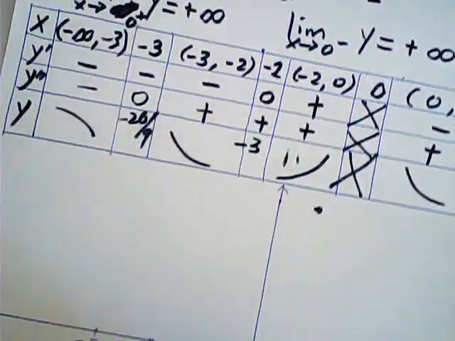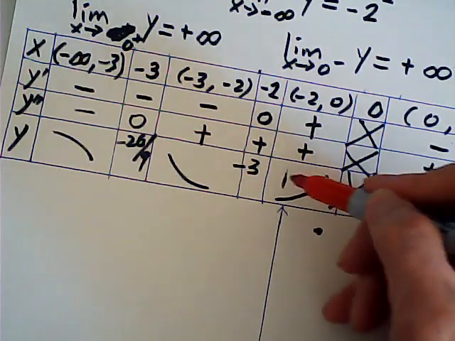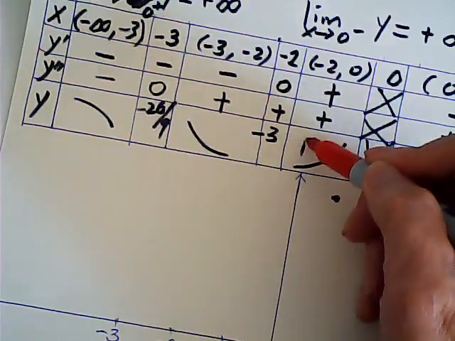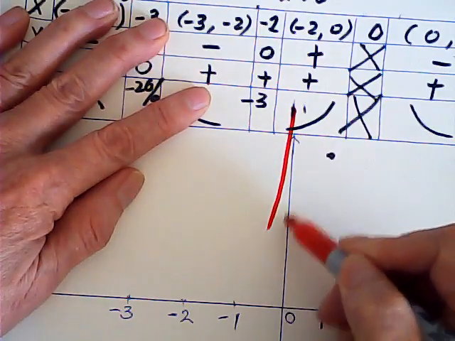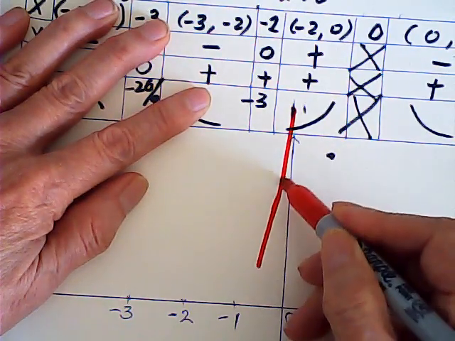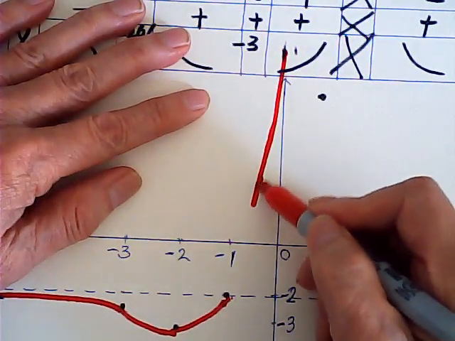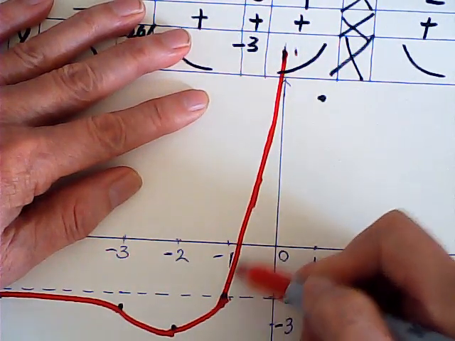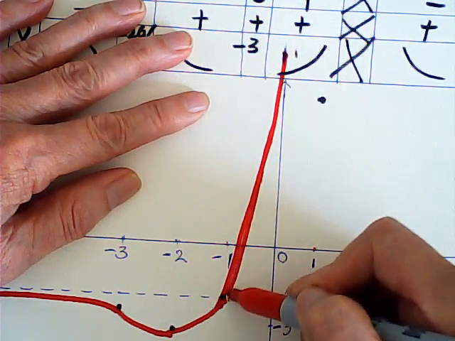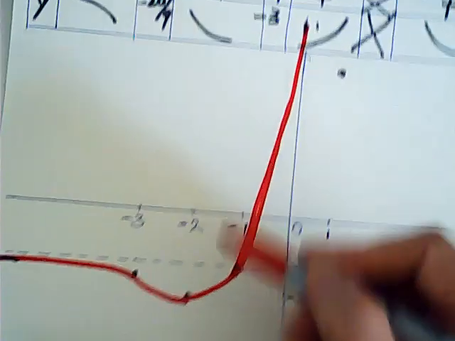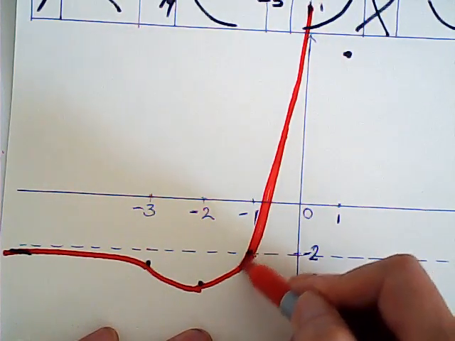This is the shape from -2 to 0. This is the asymptote here, so the curve looks like this. Sorry, it should be smooth, there's no sharp angle.